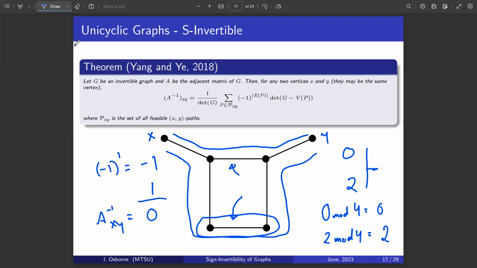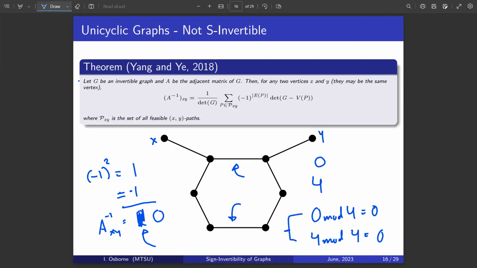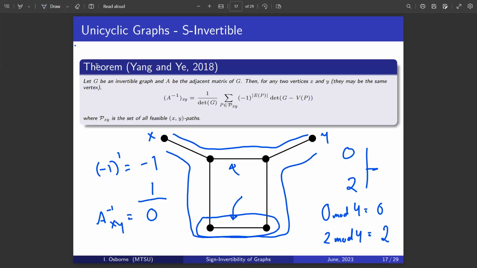In the last example, for our 2 paths here, we had 0 vertices and 4 vertices. So 0 mod 4 is equal to 0, and 4 mod 4 is equal to 0. So when these two are the same, we have issues with our sign invertibility. But if they are not, like in this case, then the 2 paths will, when we add them up, cancel each other out, and our graph can be s-invertible.